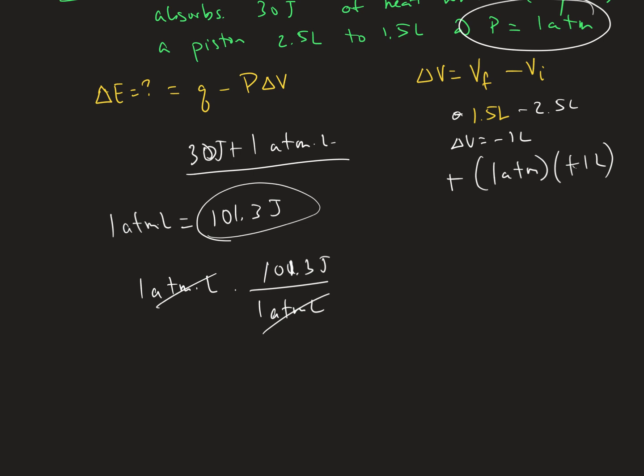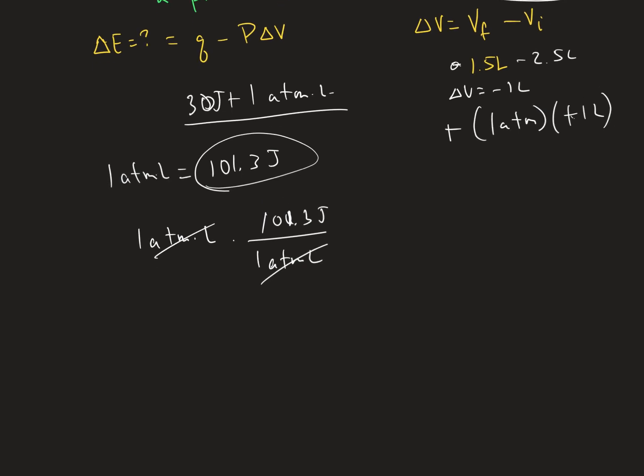You following? So our delta E is equal to 30 joules plus 101.3 joules. And that's going to give us 131.3 joules.